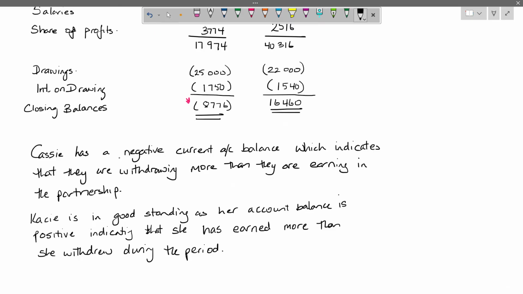Now, usually a negative balance can be shown as a debit closing balance if we did a horizontal style current account, and this will be shown as a credit closing balance.